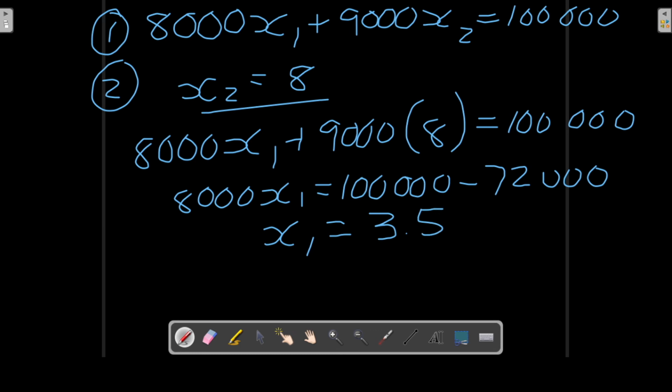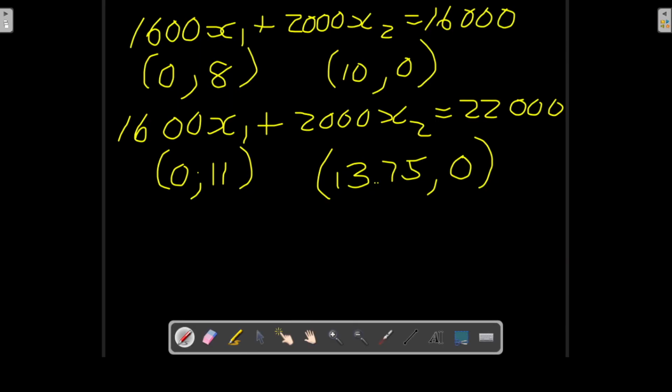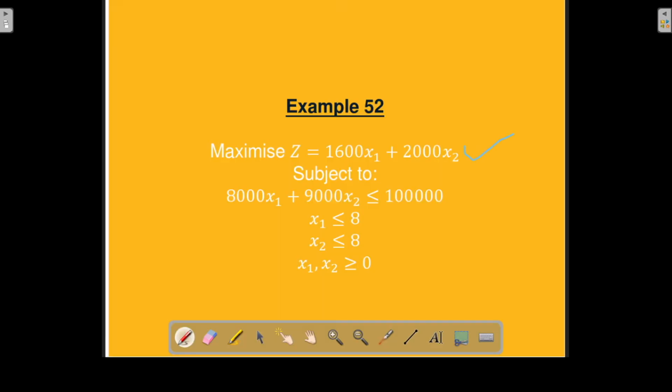Okay, so now we know that this objective function subject to these constraints will have a maximum at the point where x1 is 3.5 and x2 is 8. And if we want to know what this maximum value is, we will just substitute my x1 and my x2.